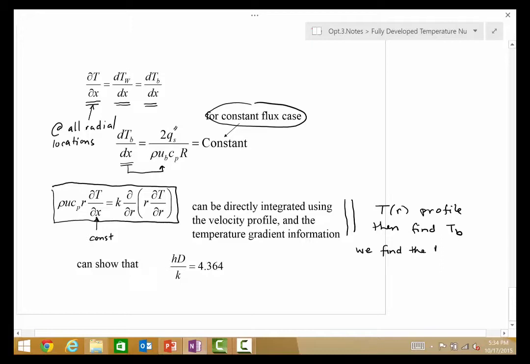the Nusselt number. And the way we find the Nusselt number is, let's just define it a little bit.